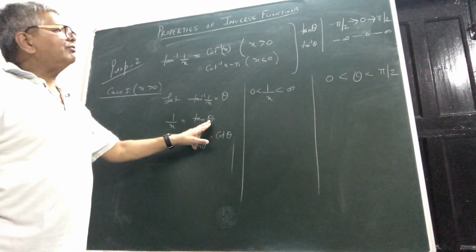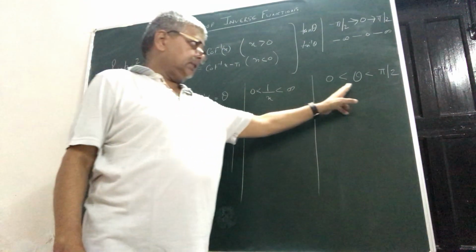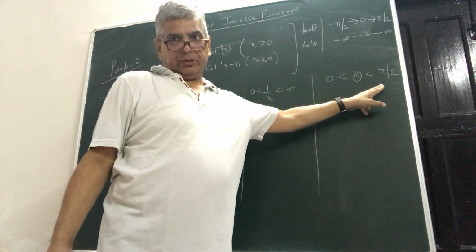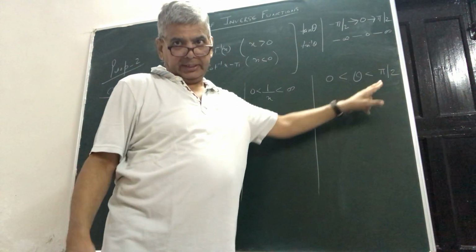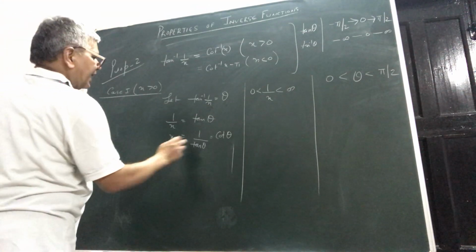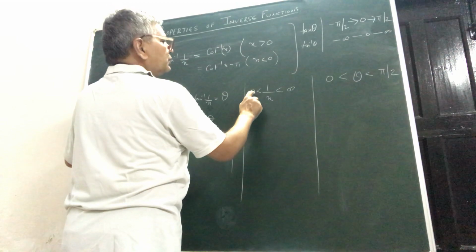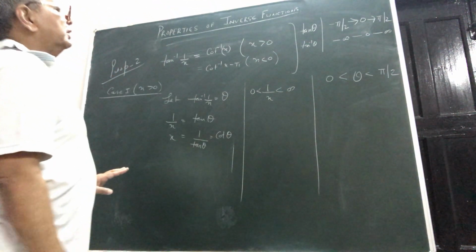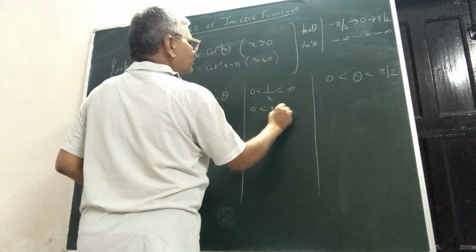Now see here, cot theta. Theta is lying from 0 to pi by 2. Fine, because the principal branch of cot theta is 0 to pi, so this branch 0 to pi by 2 is included in 0 to pi. Now if 1 upon x is lying between 0 and infinity, then x will also lie between 0 and infinity.